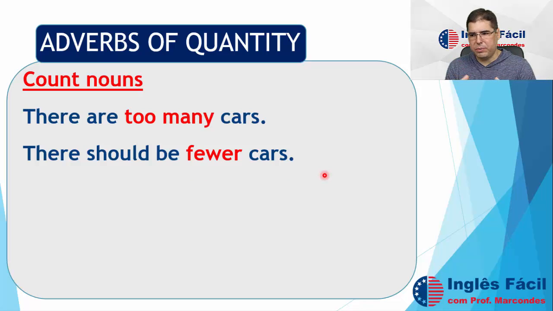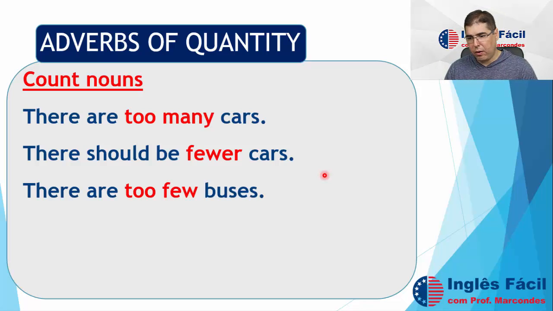If I say there are too many, it means there should be fewer. The same. Now, there are too few buses. So the opposite of many is few. There are too many, there are too few.